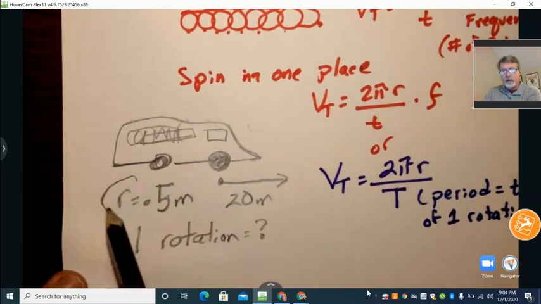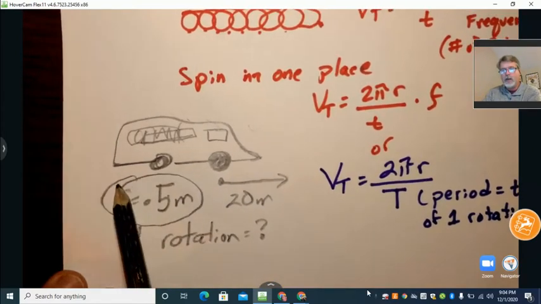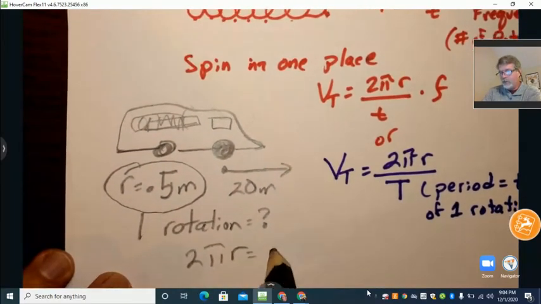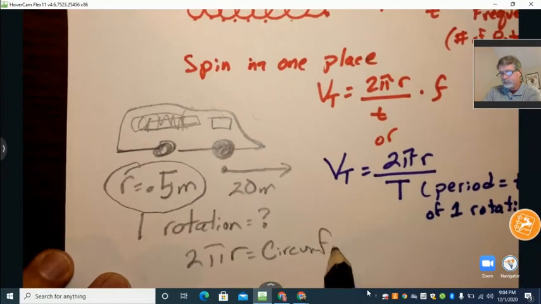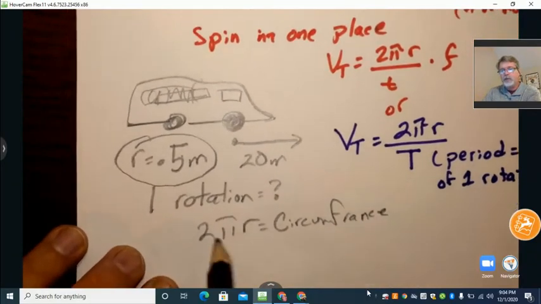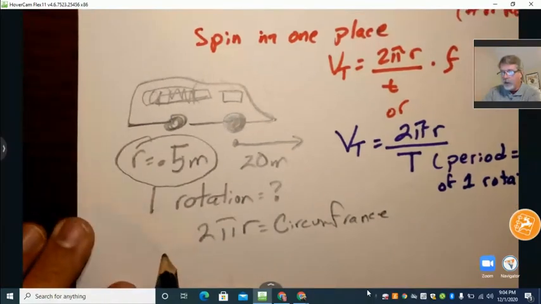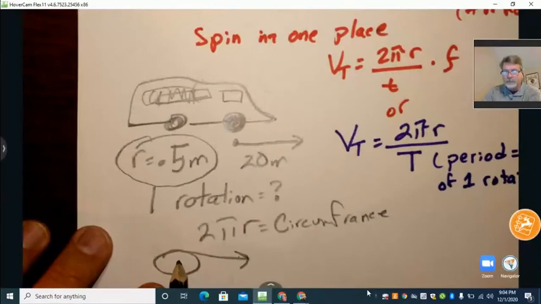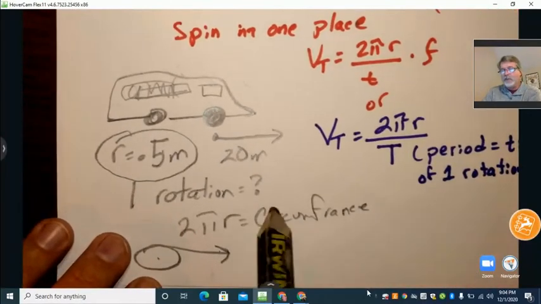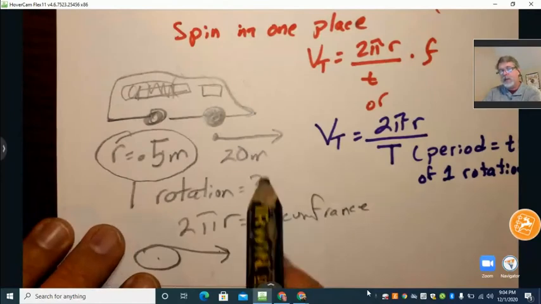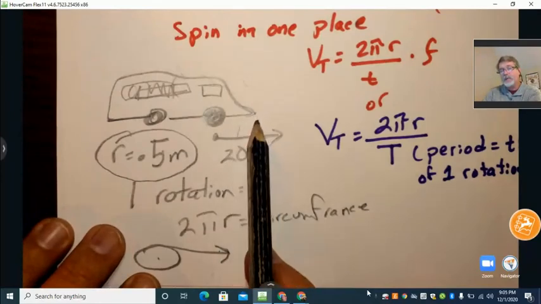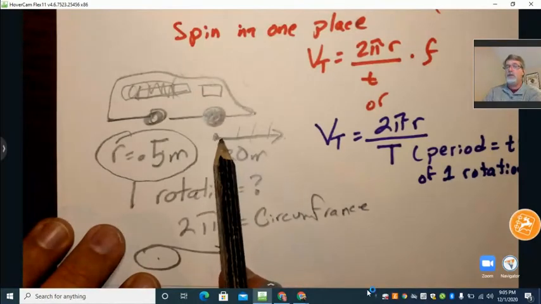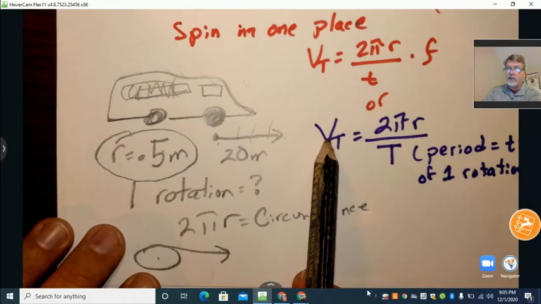Now, if I know the radius of the tire, and I know that 2 pi r is the circumference, I'm hoping that you see that now I know how far it translates in one rotation. Hope that's making sense to you. If I know how far it translates in one rotation, then I can tell how many times it rotates to make 20 meters, which then is going to translate into the tangential velocity of the tire.